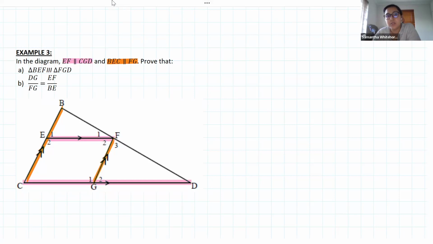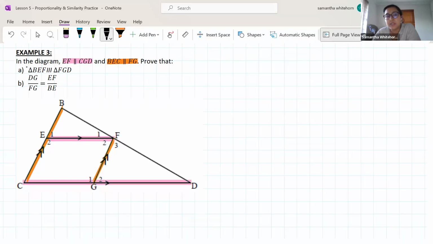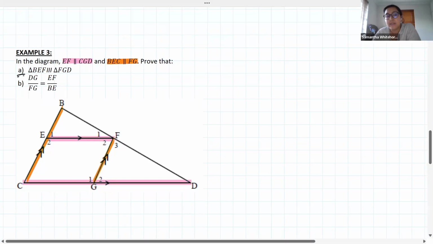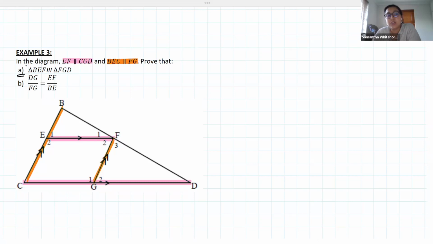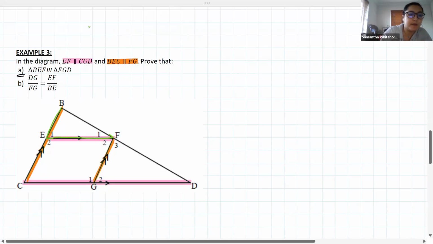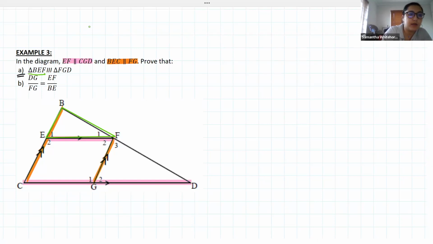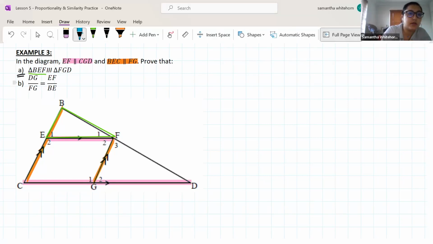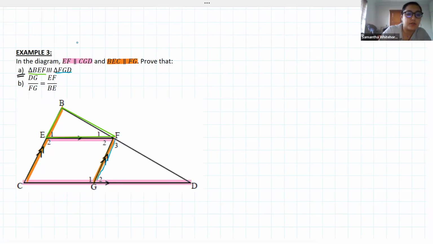Okay, what I'm going to ask you guys to do is try question A by yourself, because this is what we were doing on Wednesday last week. So this should still be somewhat fresh in your brains. I want you to try and prove that triangle BEF, so triangle BEF is this green triangle up at the top here, is similar to triangle FGD, which I'll do in blue, which is this triangle sort of at the front of the bigger triangle.